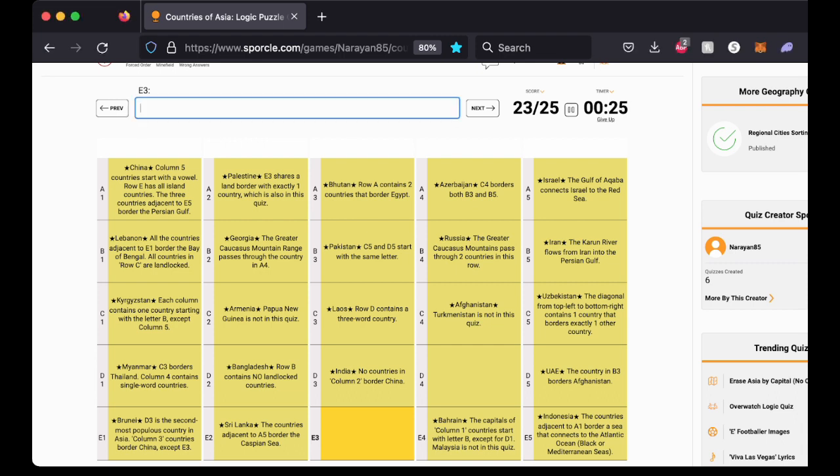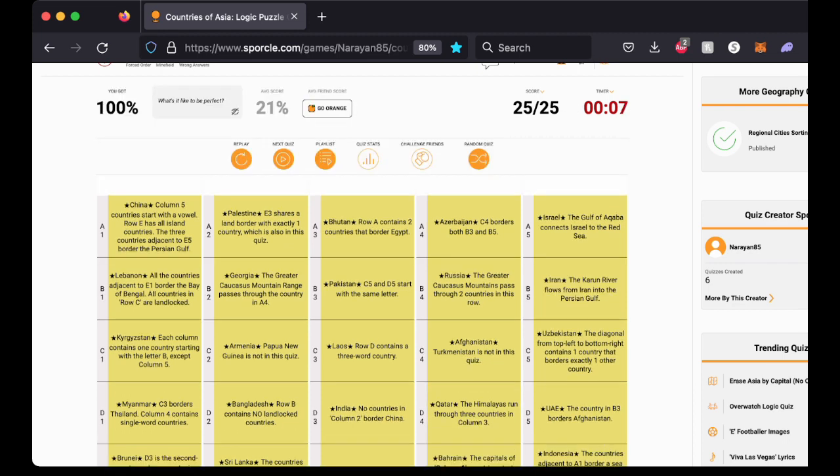Now Timor-Leste is an island country that shares a border. It borders. I'm going to guess Qatar. Yeah, we only had 7 seconds. I had to guess.